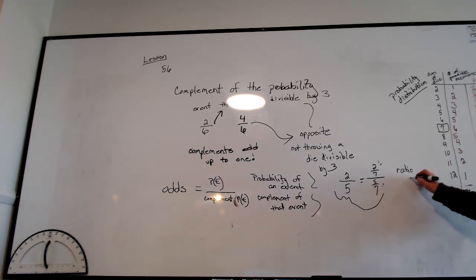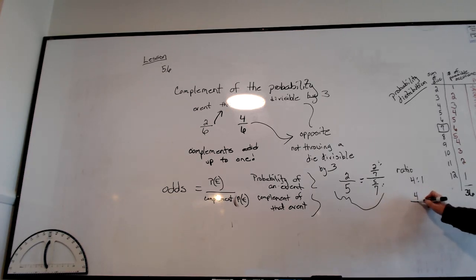If it's 4-1, there's 4 chances of the first team winning compared to 1 chance of the other team. So it would be 4-1. Maybe this is the Seahawks, and this is the Cowboys.